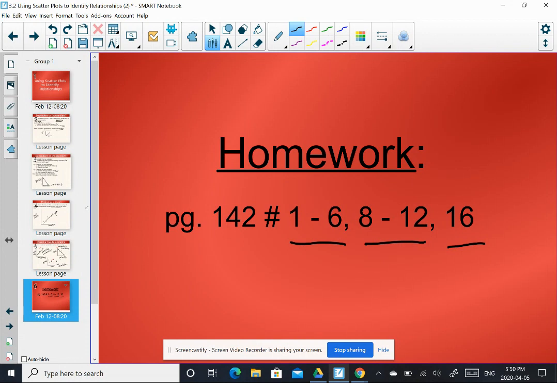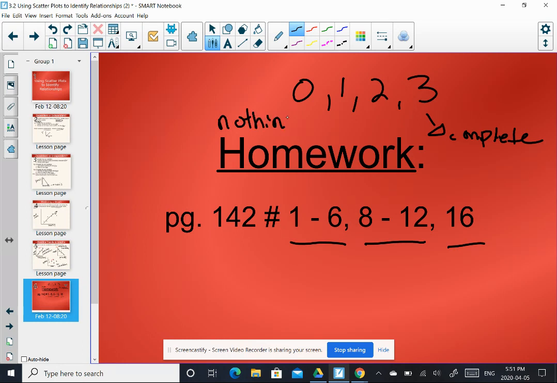I'll just look at marking your homework on a 1, 2, 3, or 0 basis, where 3 would be complete, 0 would be nothing, and then 1 and 2 would be your partially complete and almost complete levels. All right. So if I just give you a rating 0, 1, 2, 3, then that'll give me an idea.